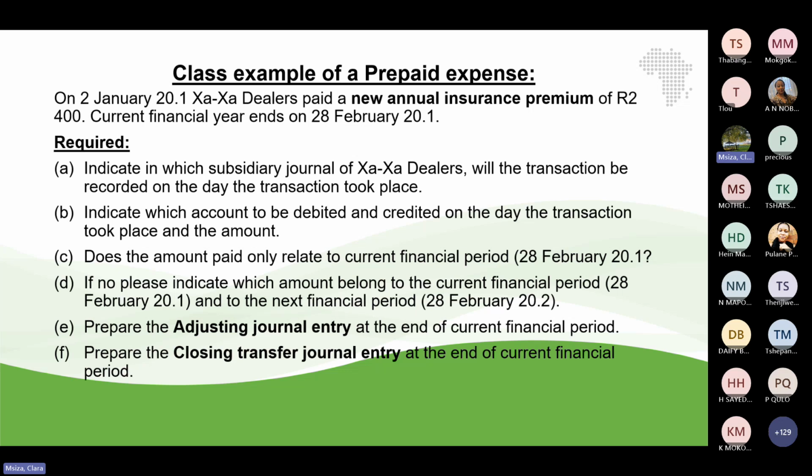You need to think, for this current financial year, which months fall within this current financial period? Looking at it, it will be your Jan and Feb. Because 1st March 20.1 is the new financial period.